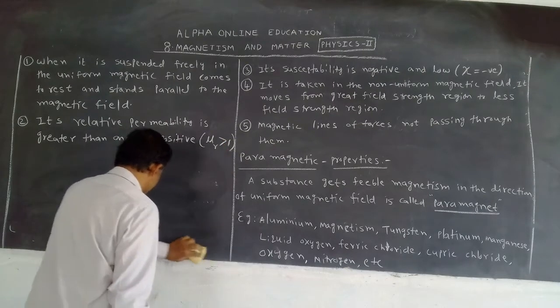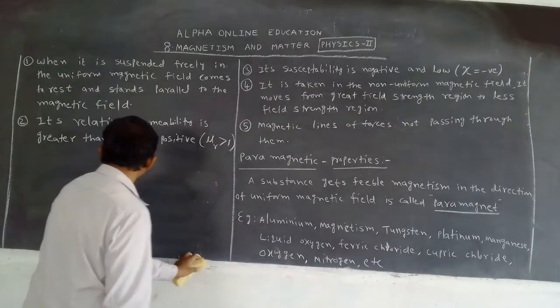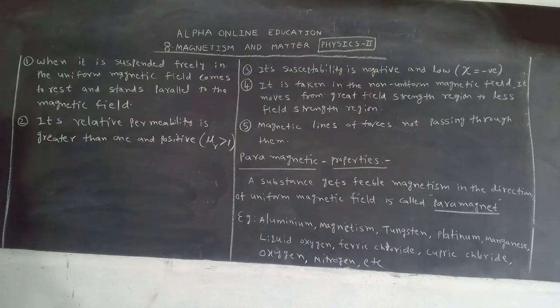What is the second property? Its relative permeability is greater than 1 and positive.